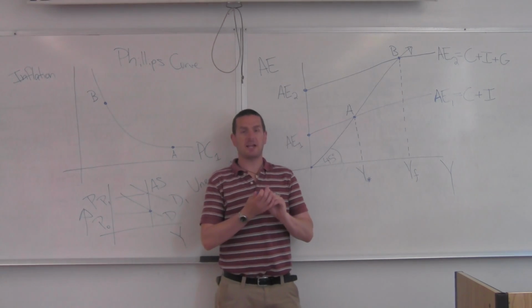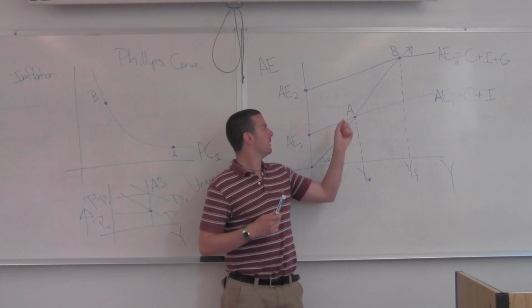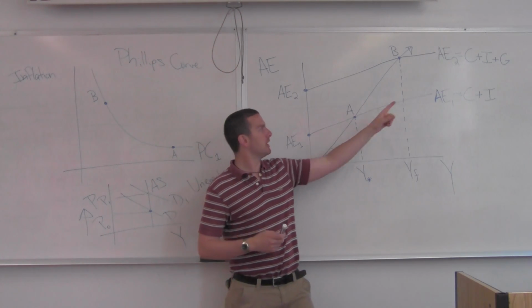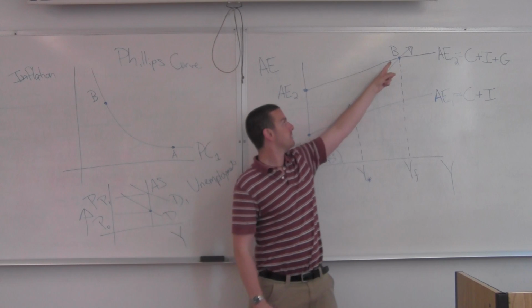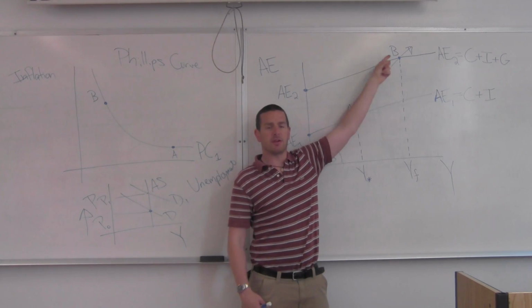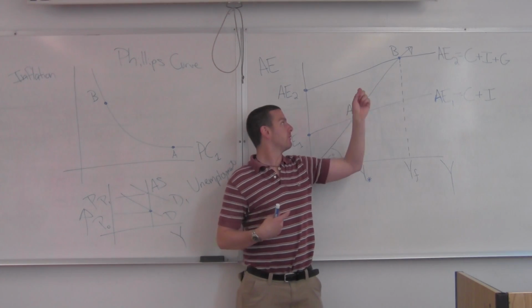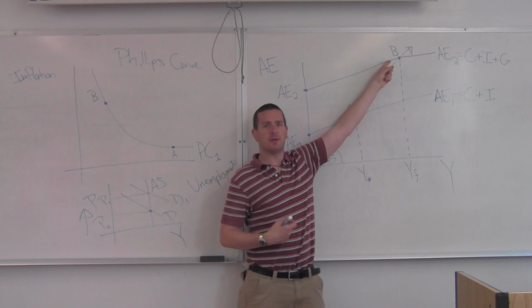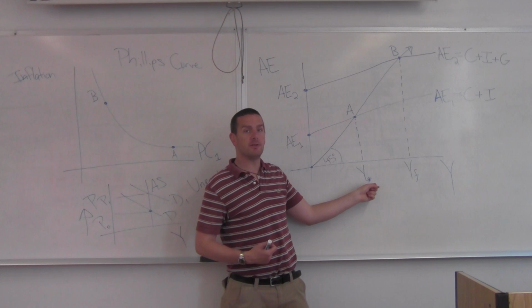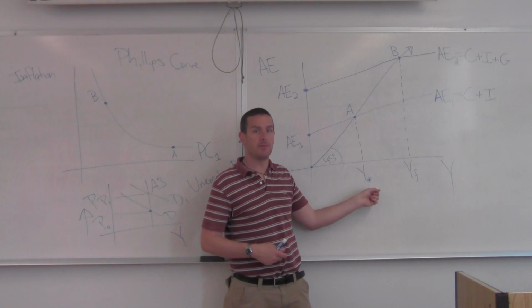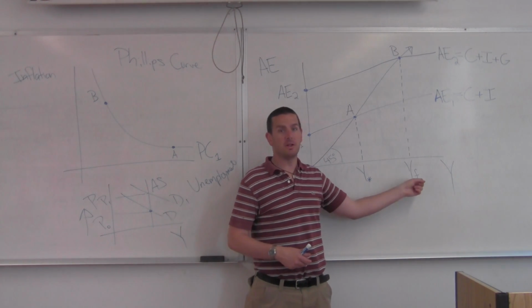So the textbook Keynesians said, if you introduce government spending, you can go from point A to point B. If the government spends more, you go from a situation of unemployment to full employment.